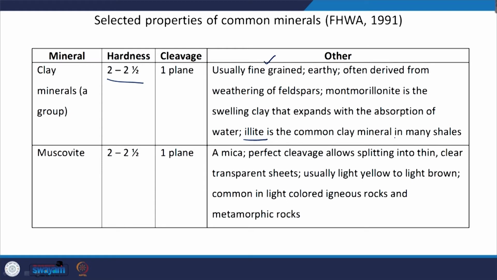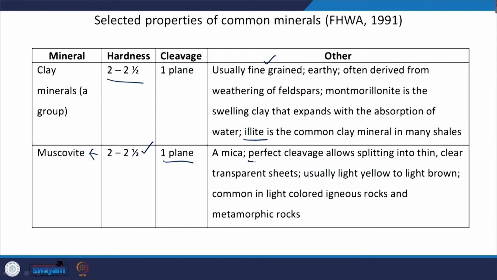Then the next one is muscovite. If you can recall, this is related to the minerals having mica. So, 2 to 2.5 on the Mohs hardness scale with one cleavage plane.